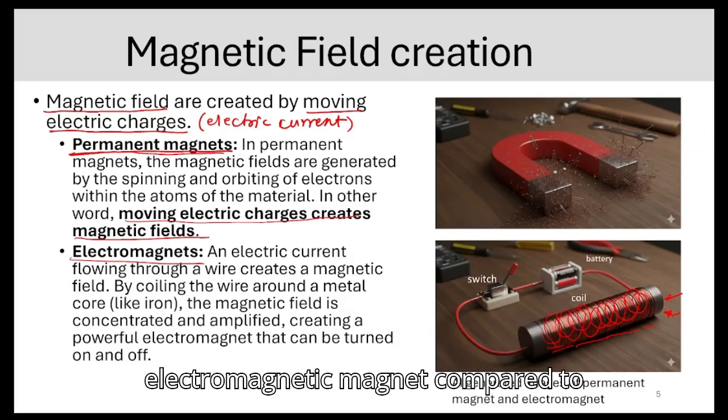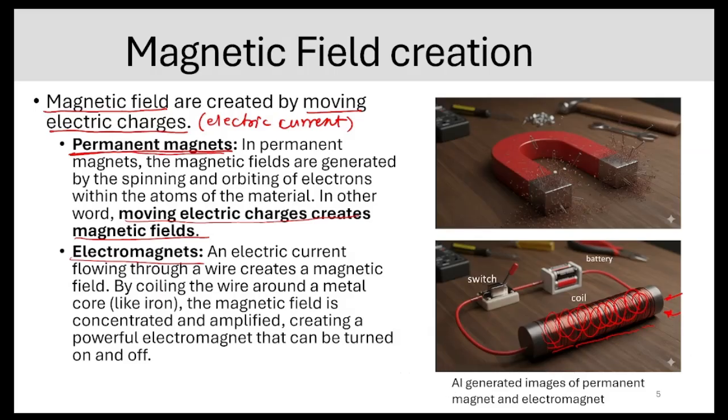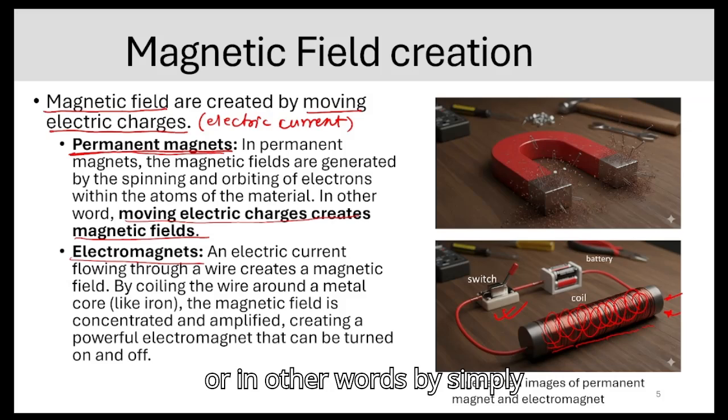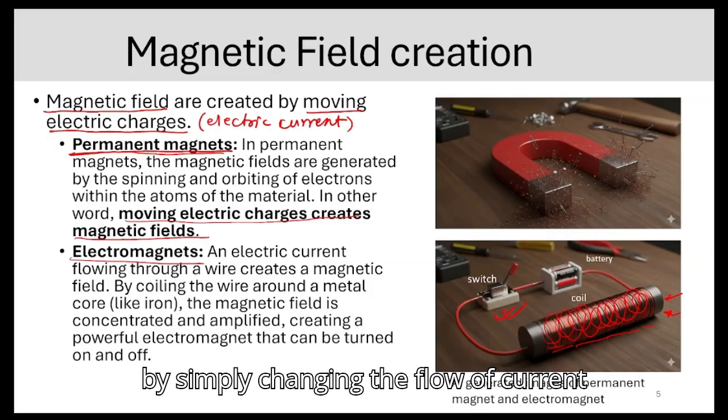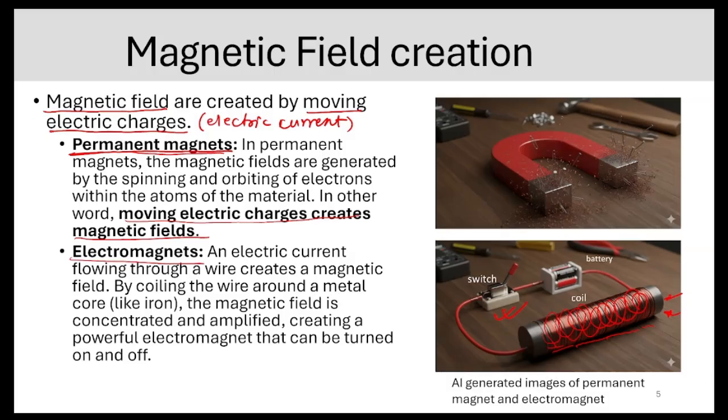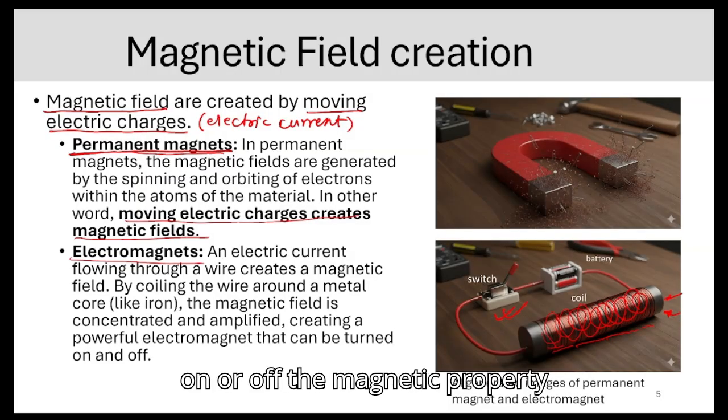The huge advantage of an electromagnet compared to a permanent magnet is that the magnetic field of an electromagnet can be turned on and off by simply turning a switch on and off, in other words, by changing the flow of current, whether the current is flowing or not flowing. And we can turn the magnetic property on or off.